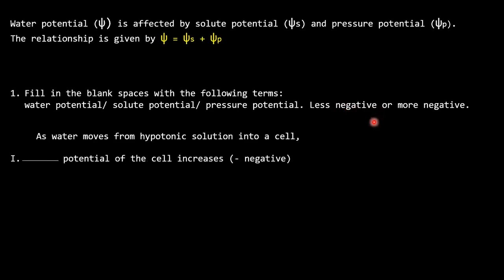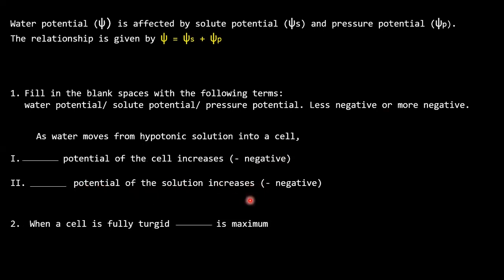As water moves from hypotonic solution into a cell, 1, dash potential of the cell increases, dash negative. Dash potential of the solution increases, dash negative. When a cell is fully turgid, dash is maximum.